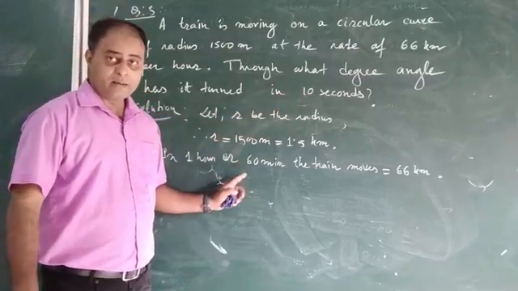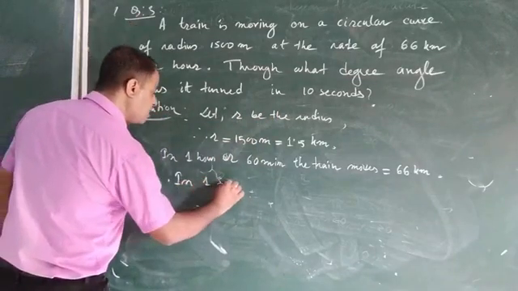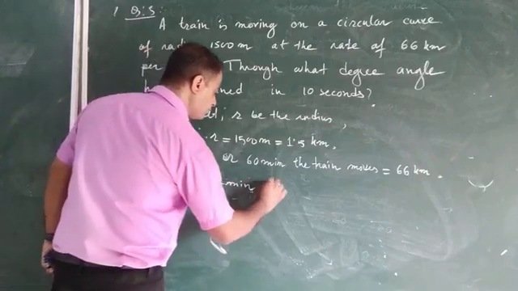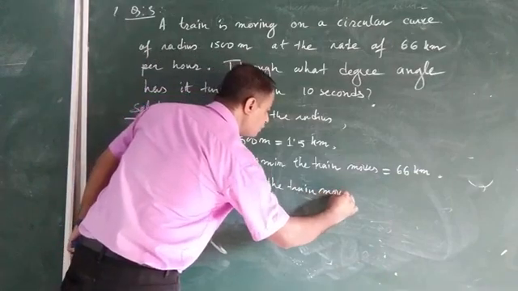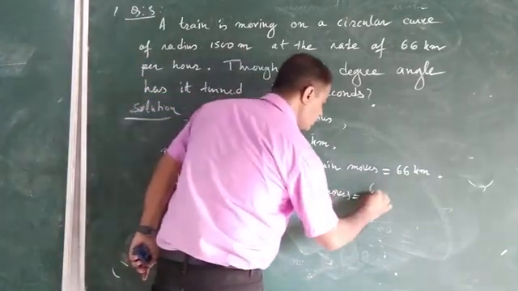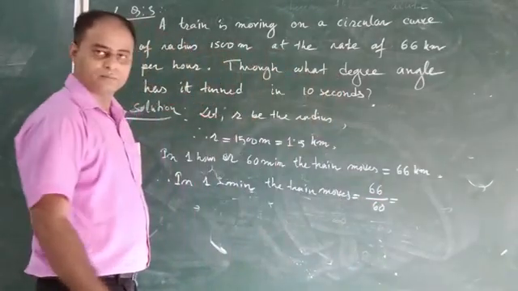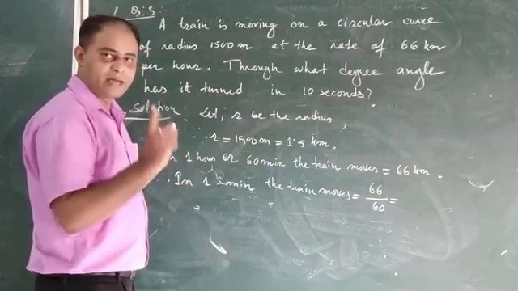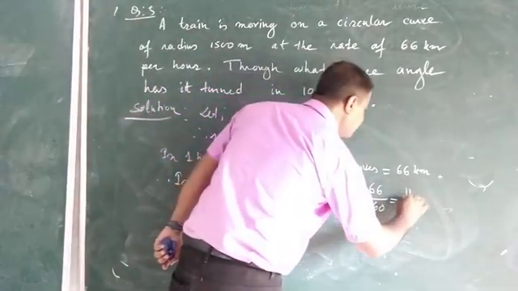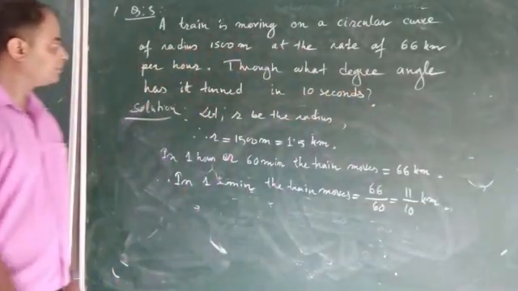We have to give it 10 seconds, that means 60 minutes, so first let us take 1 minute. Therefore, in 1 minute the train moves 66 by 60 kilometer. 66 by 60 is also divisible by 6, both of these, so 11 by 10 kilometer, right?